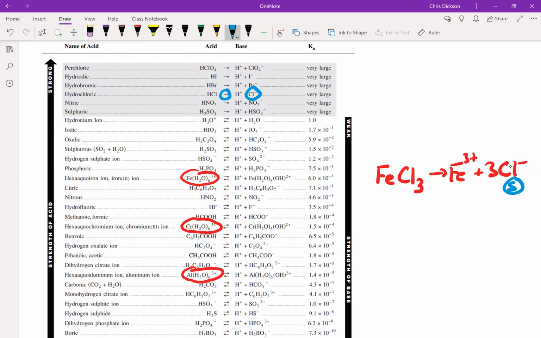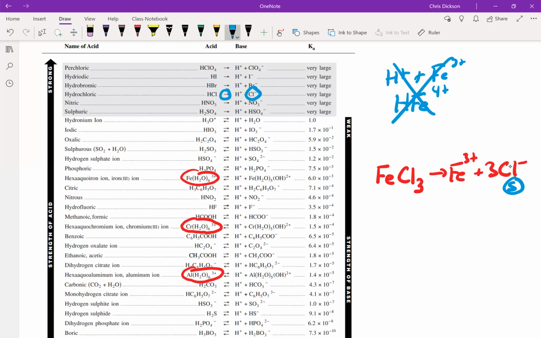Now the iron ion, it would be strange if it was a base, because it would have to be able to take a proton. And if it did that, you'd get something like HFe4+, with an H+ and an iron 3+ coming together, and that just does not happen.